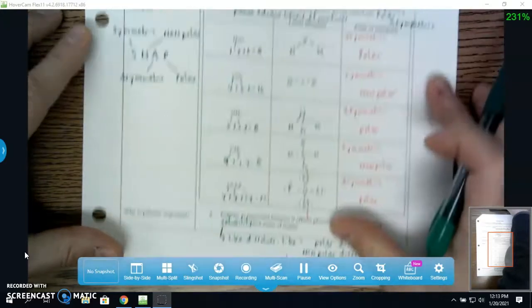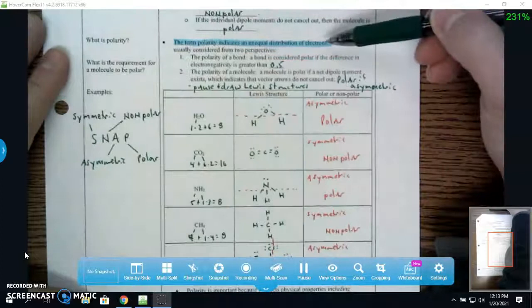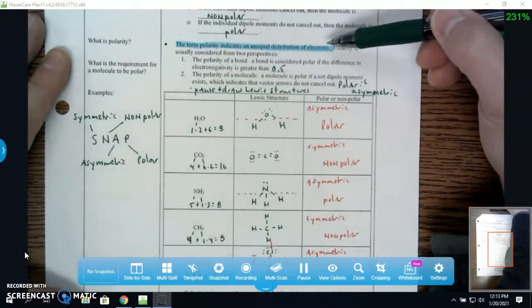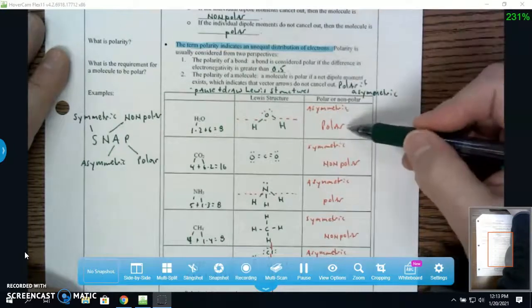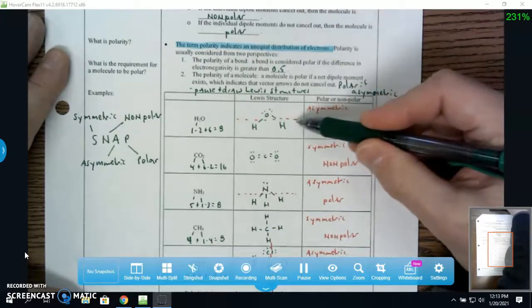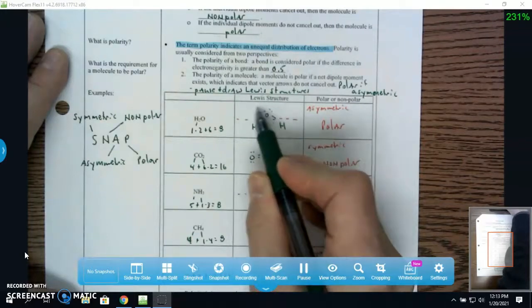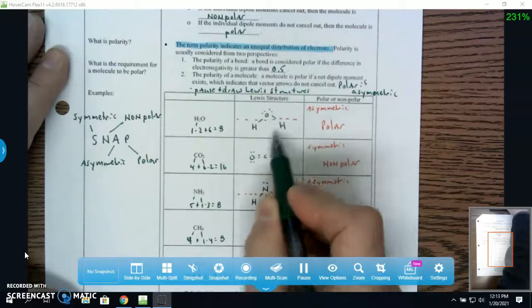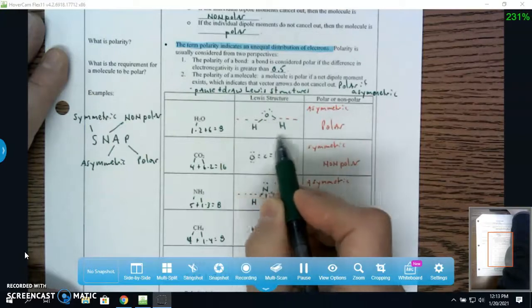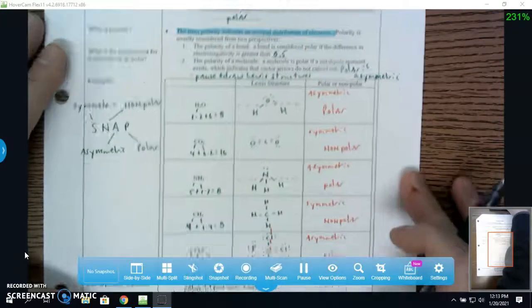Remember, this is all based off of this term for polarity up here, where polarity means an unequal distribution of electrons. So what we mean by that statement in blue, as it relates to water, is that we've got a very electron-dense region right up here close to oxygen, but we do not have an electron-dense region down here close to hydrogen.